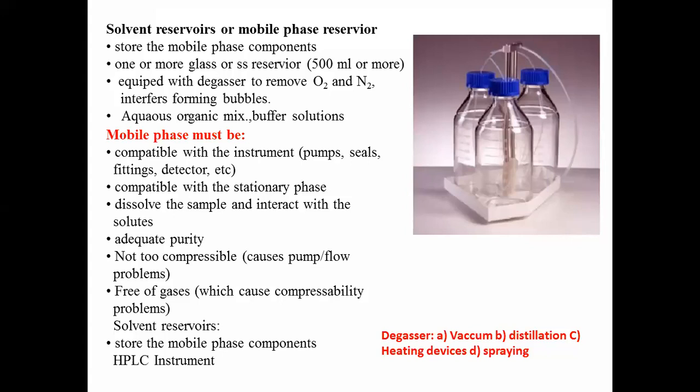When the mobile phase travels through the column, it creates problems in the adsorption or the whole analysis system. So generally the solvent reservoirs are made of glass or stainless steel, with a capacity of say 500 ml or more, and are equipped with a degasser system to remove the dissolved gaseous materials.